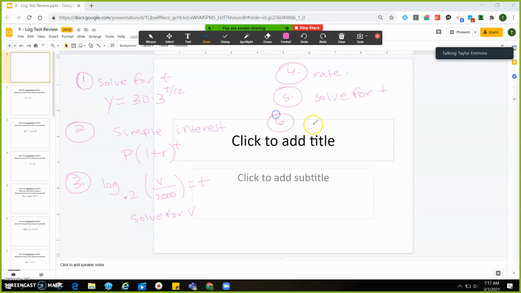The next question has a couple of parts to it. So it's going to say which one of these are true. And so it's going to give you a bunch of equations, and it's going to say which one of these are true.